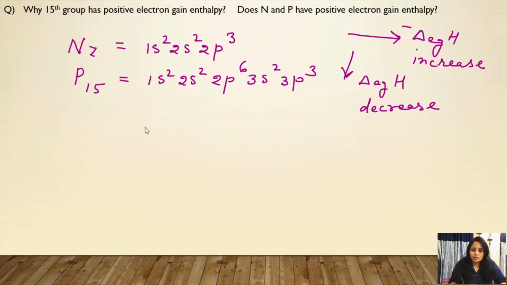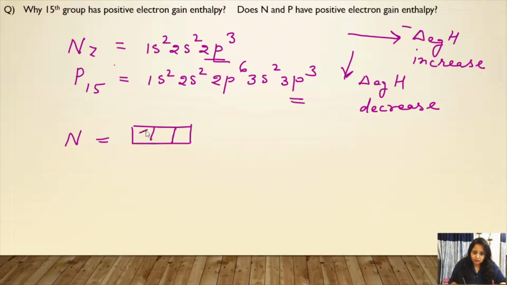The anomalous condition is here. See here, p subshell. In case of nitrogen, the last electron is in p subshell.